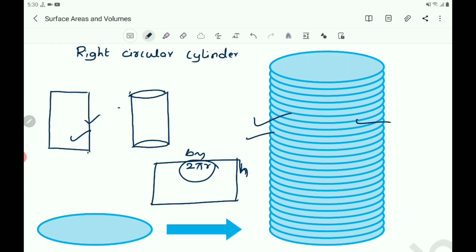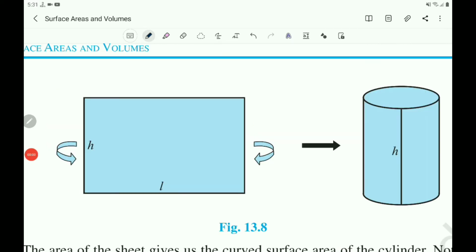So the product of these two becomes the area of the rectangle, L into B. Here L equals 2 pi r and B is h. Then the curved surface area of the cylinder becomes 2 pi r h.